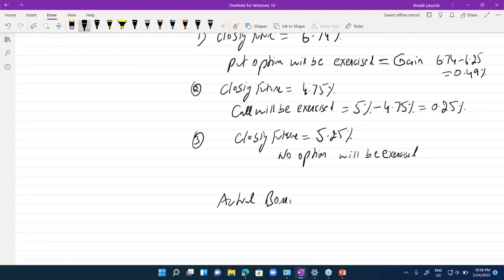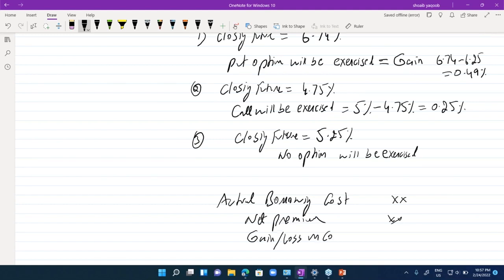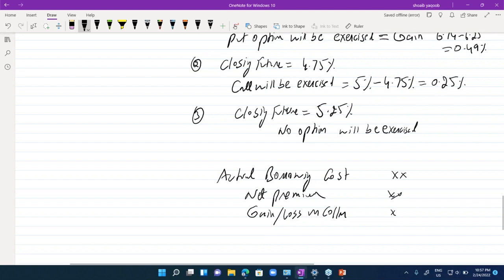Last step, actual borrowing cost. Similar to what we have done in future and option. Net premium, gain loss on collar, net cost.